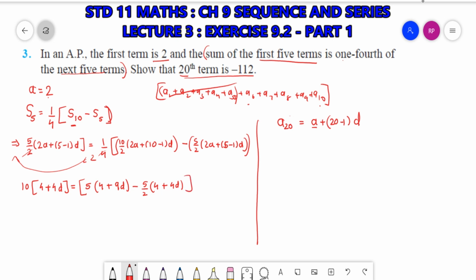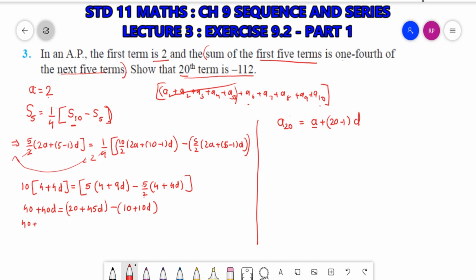So this will be equal to 10 into 4, 40 plus 40d. This will be 5 fours are 20 plus 5 nines are 45d, minus 5 into 4, 20, 20 by 2, 10, and 10d.